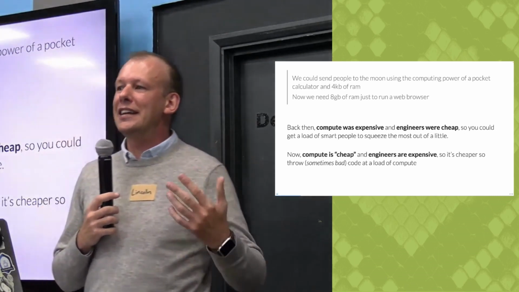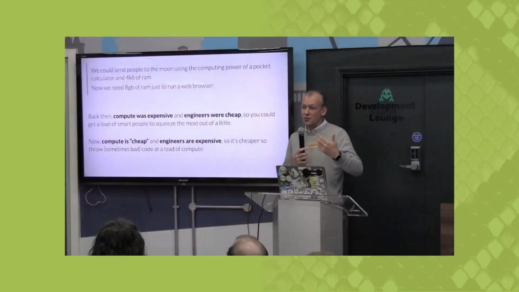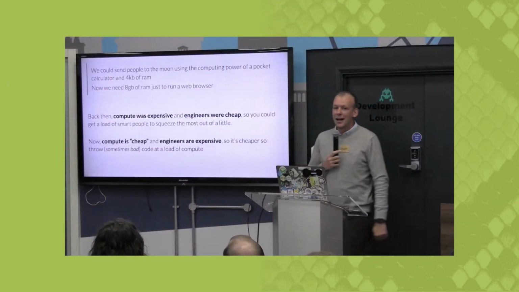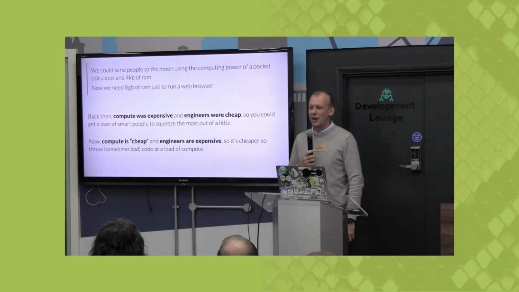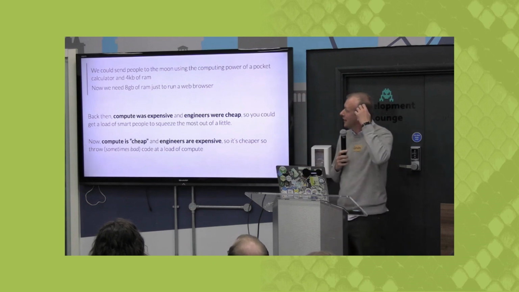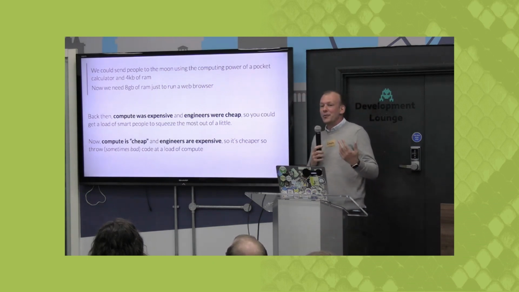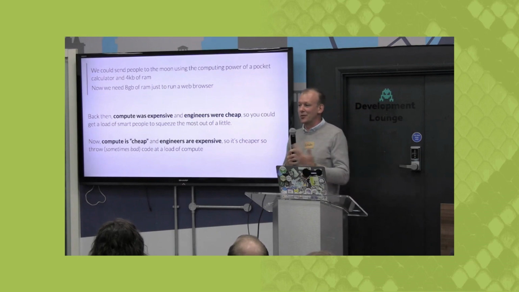That was all the computing power that they needed to do something that was quite a technically demanding feat. But nowadays, we need 8 gigabytes of RAM just to run a web browser, right? Or probably more if you want to run VS Code. So we have a lot more of those resources, but we're doing a lot less with it.